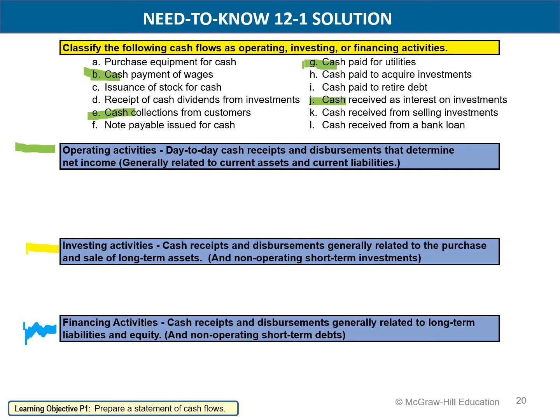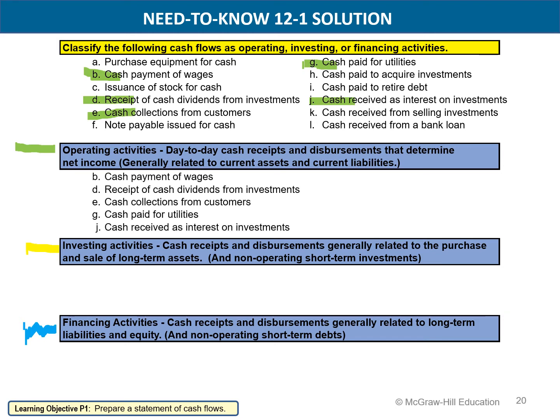So both cash received on investments and receipt of cash dividends from investments are considered to be operating activities. Okay? So let's see if we're right here. B, D, E, G, and J. That's right.